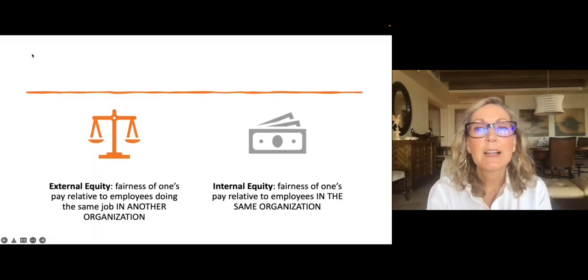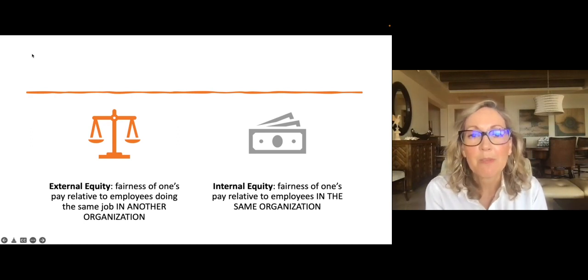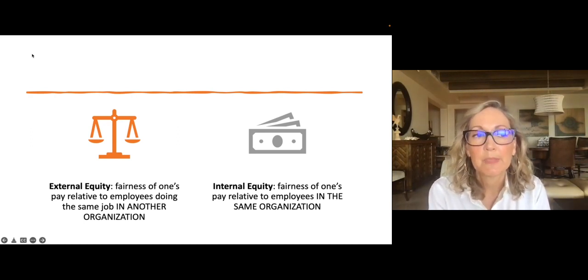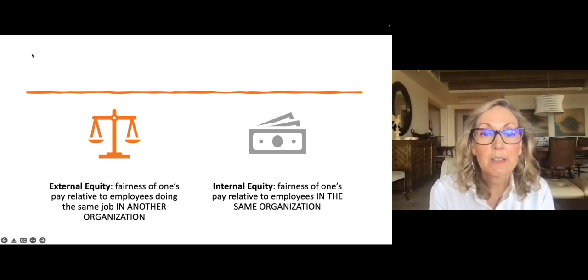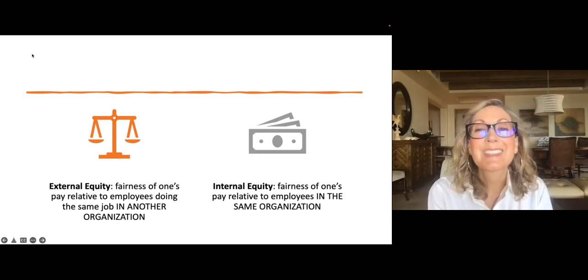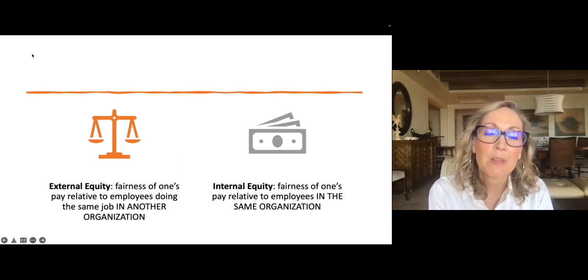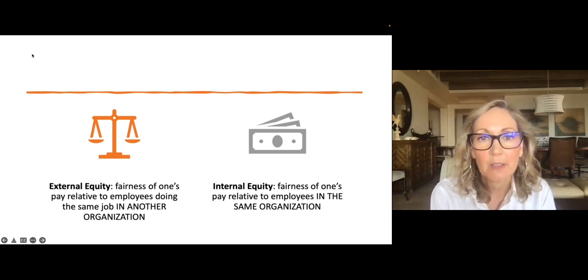There are two concepts of equity, and it's important that you know what they are and know the difference between the two. External equity is that example I gave in another video. I'm perfectly happy in my job. I work at Cane's and I make $15 an hour and it seems great until I find out that my friend at Chick-fil-A makes $18 an hour.